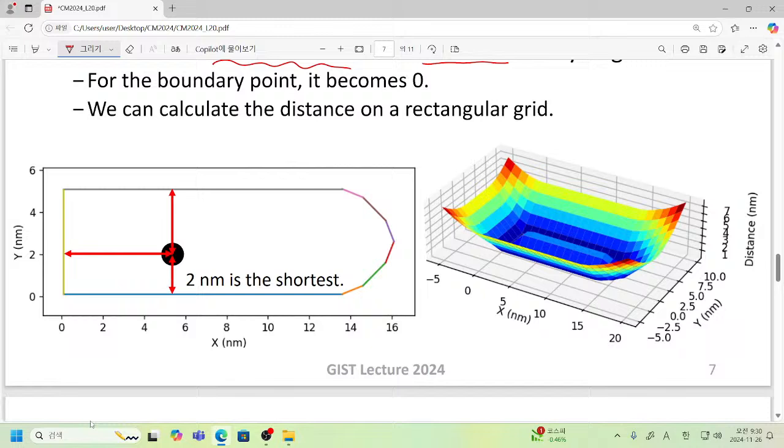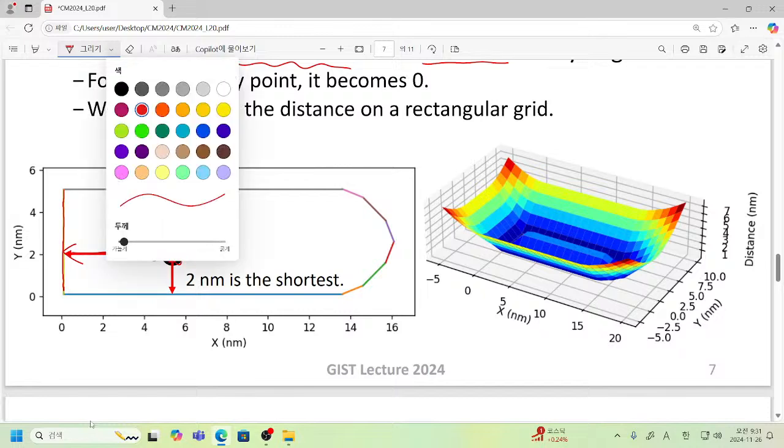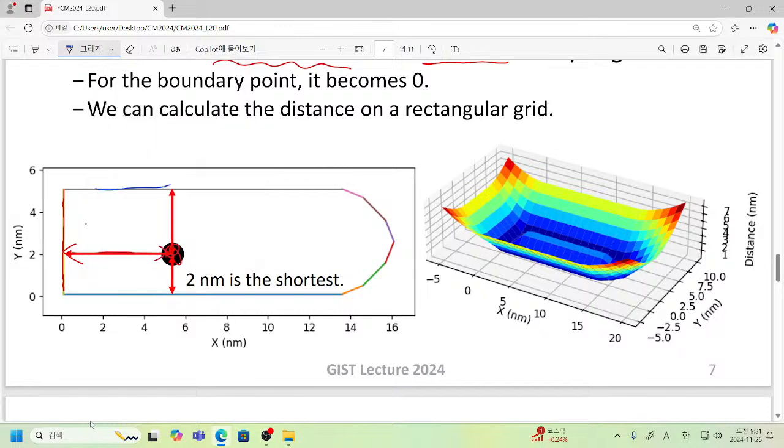Then what we have to do is just calculate the distance between each edge. For example, between this and that, here we have a distance, and also this and that, we have this distance. This and that, we have a relatively short distance. Of course, we must calculate the distance between this and that, this and that.